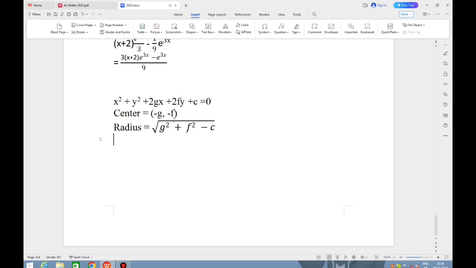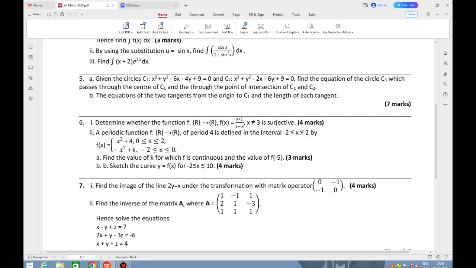Now we can proceed to find the center and the radius of circle 1 and circle 2. For circle 1, this is the equation.